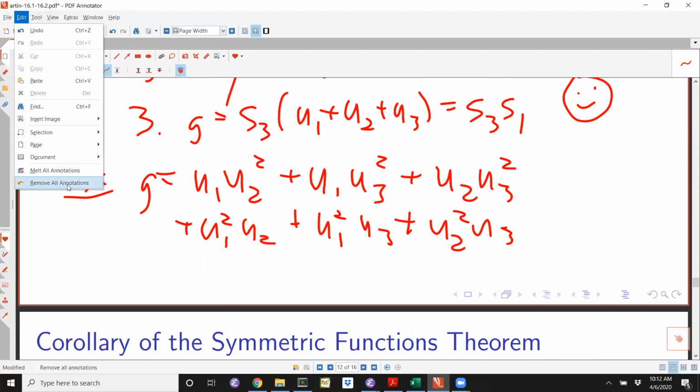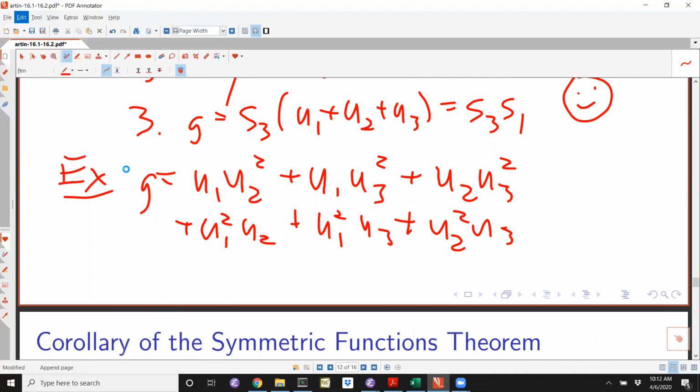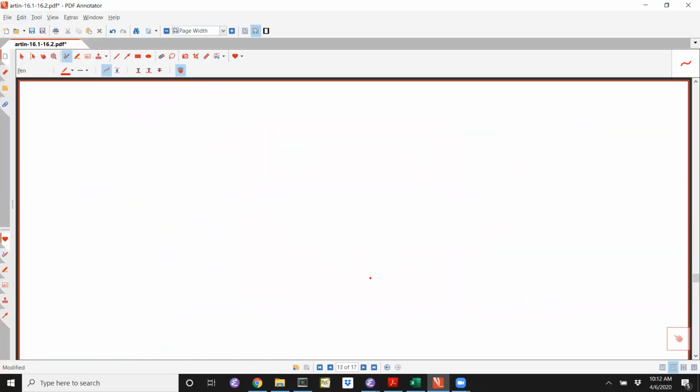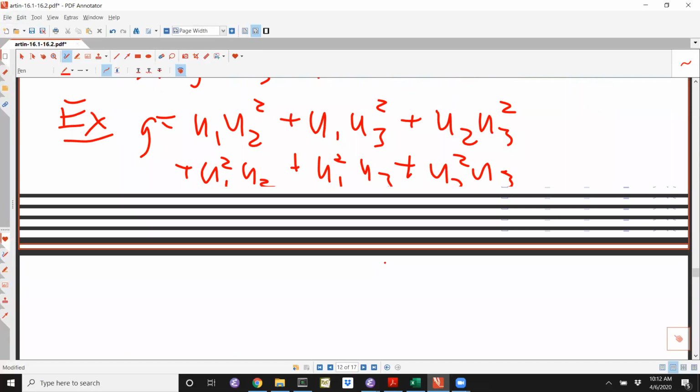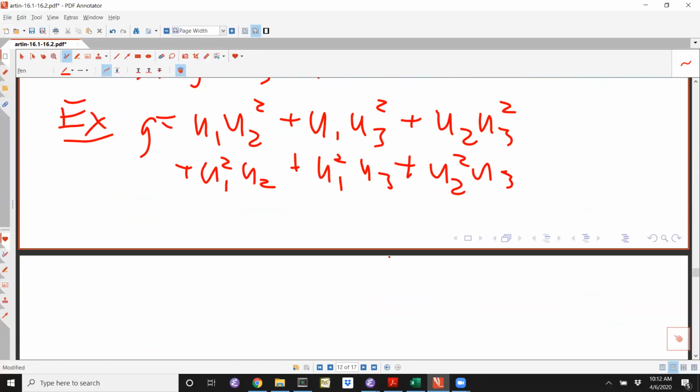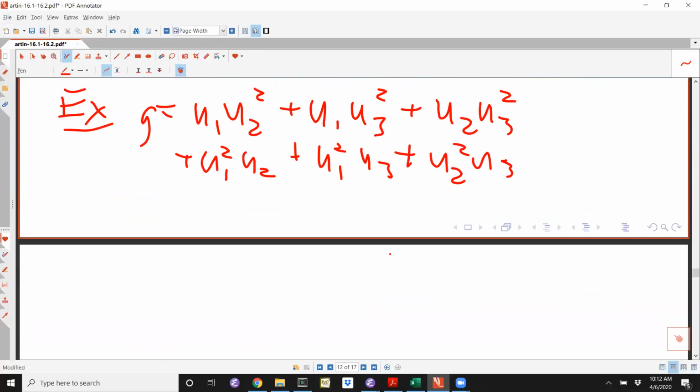And so let me add in another page here. Sometimes my renderer freaks out. So if we set U3 equals 0, then we get this polynomial G0.